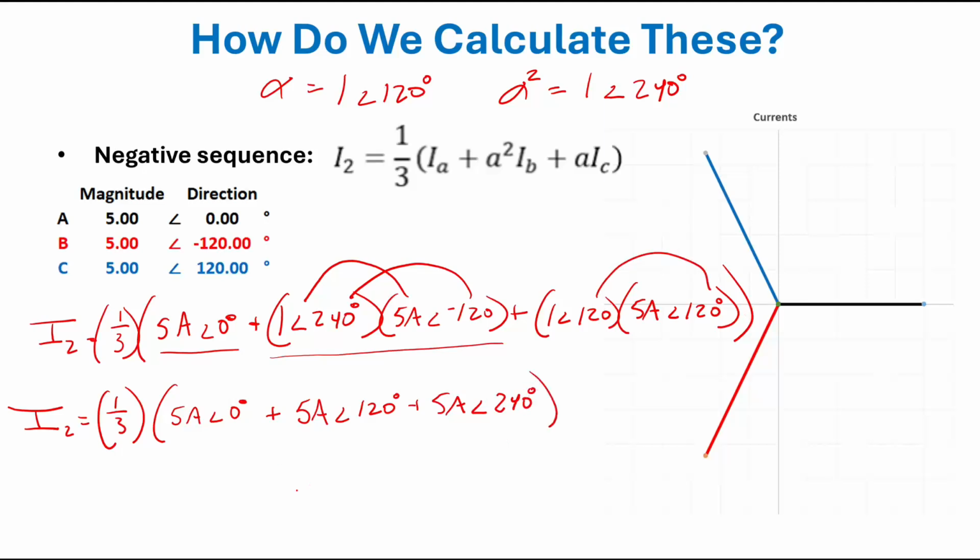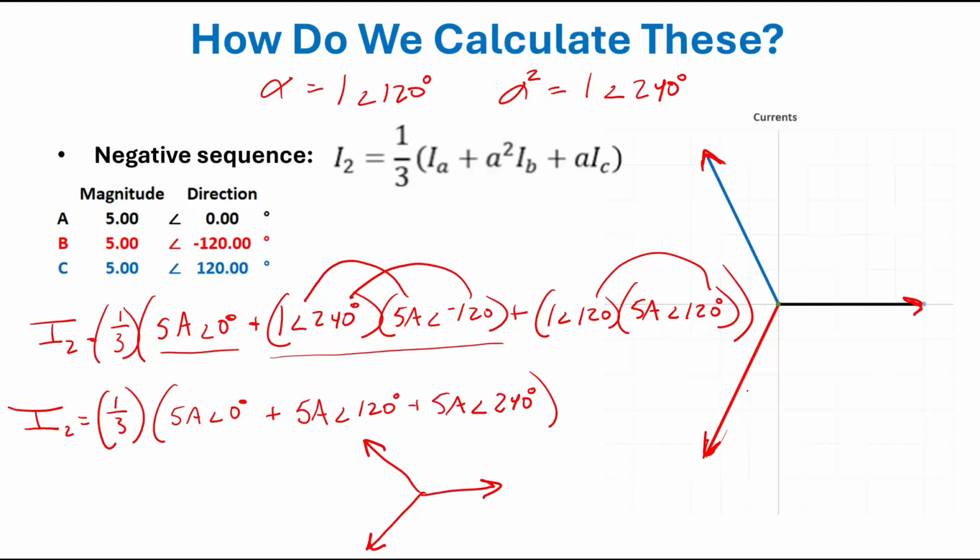And if you look at this, you have 5 amps in this direction. And then the next one is 5 amps in this direction. And the next one is this 5 amps in that direction. And if you were to add these phasors directly, there's a cool trick that you can do, and I'll just do it over here. Just imagine that you have it like this, and like this, on the right-hand side.